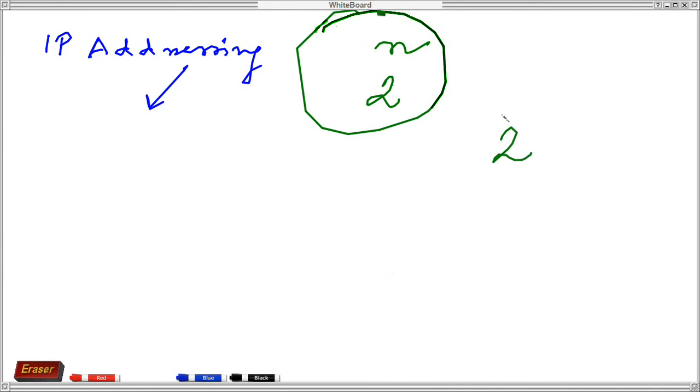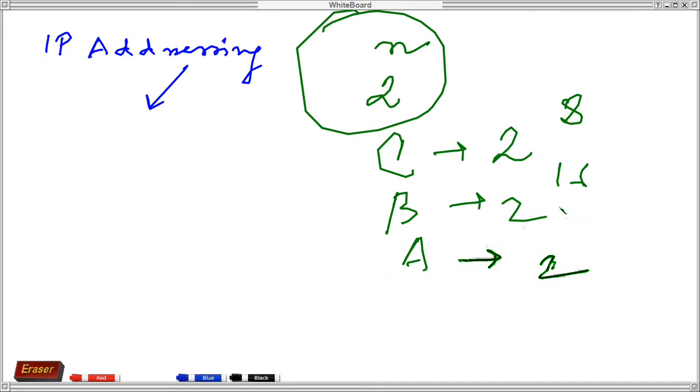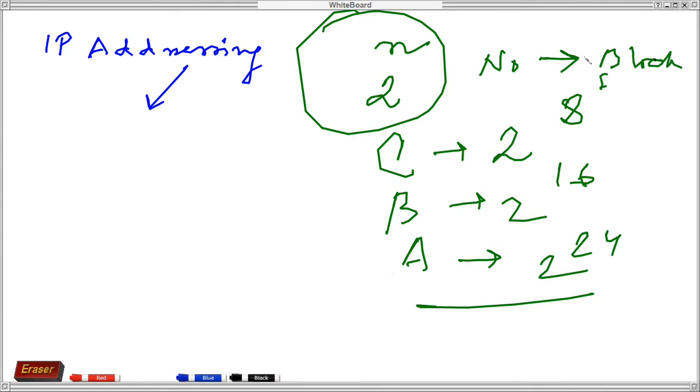In class C it has to be 2 to the power 8, in class B 2 to the power 16, and in class A 2 to the power 24. This is the block size, and the number of hosts will be 2 to the power n minus 2.